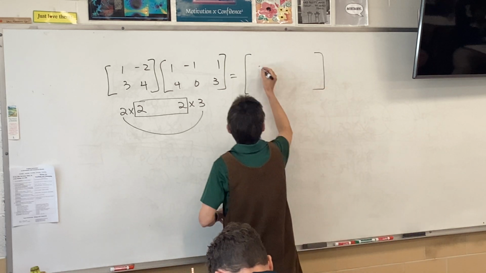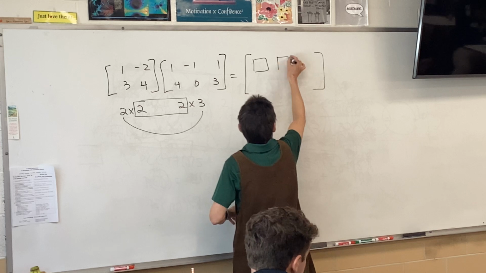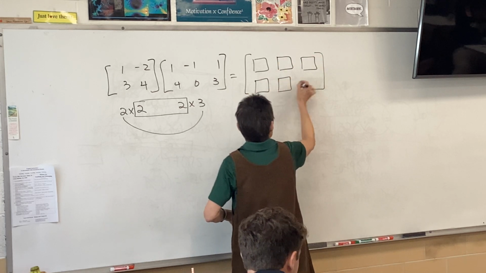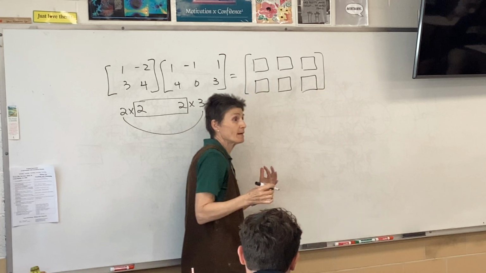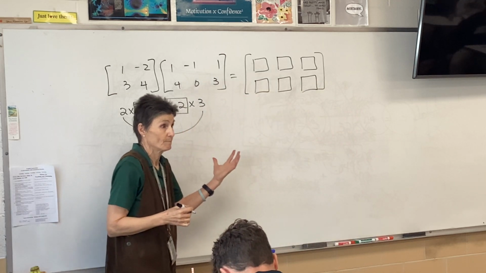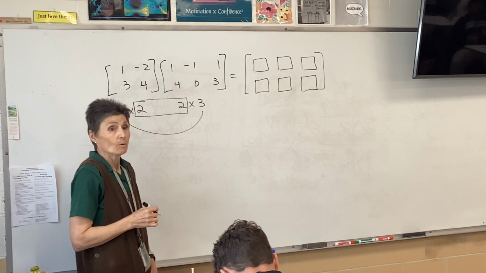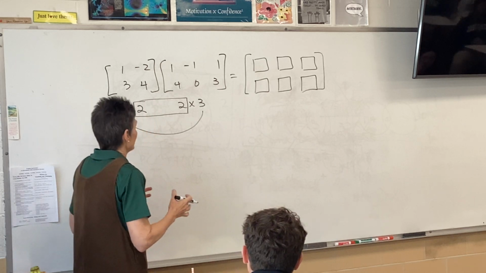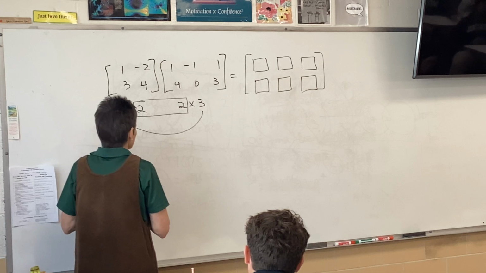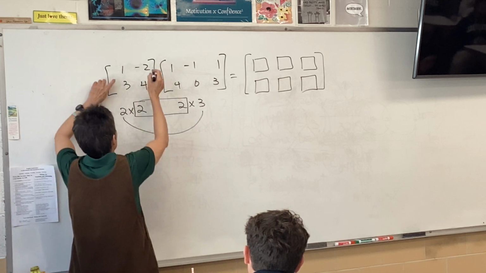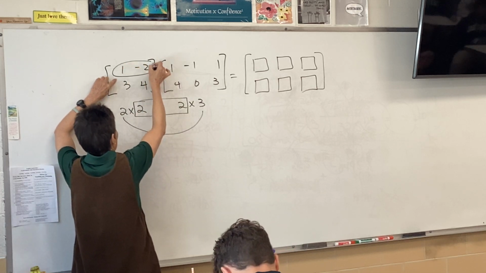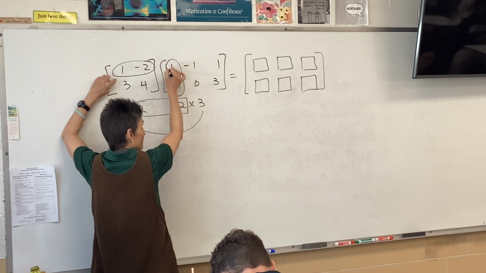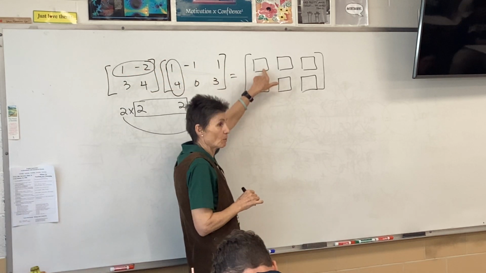Now you do not have to do this, but I want you to see this is going to be a 2 by 3 matrix. So I have to actually come up with 6 numbers now. Okay? Now it's real easy. Takes a minute to do, but it's really easy. When we multiply, we take the first row times the first column to get this number right here.